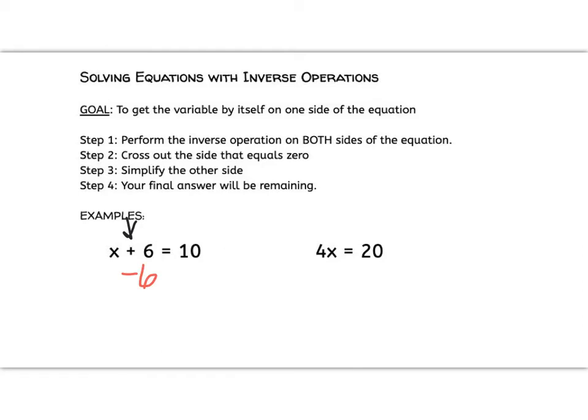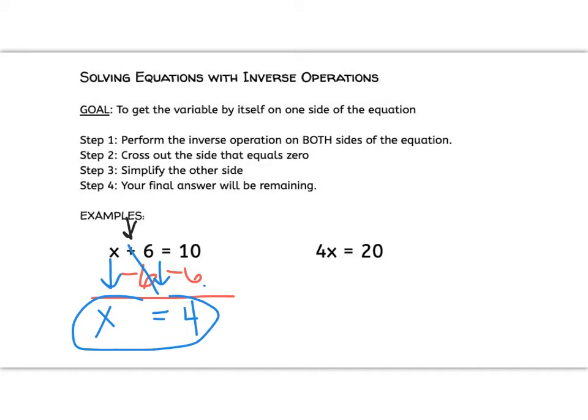But whatever we do to one side, we also have to do to the other side. So I also need to subtract 6 on this side. So here's what happens. I take my x down. Plus 6 and minus 6 cancel each other out. I bring my equals down, and then I solve. 10 minus 6 equals 4. So the answer to this equation is x equals 4.